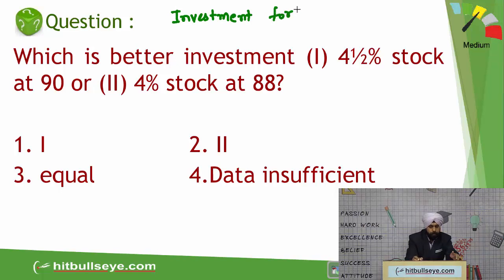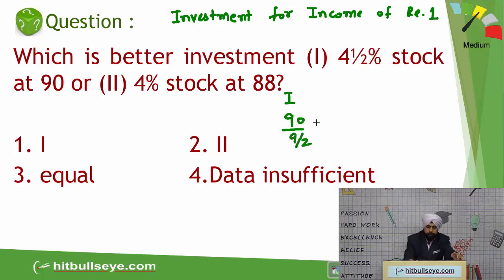So, investment for an income of rupee 1. Now in the first case, students, it's a 9/2% stock at rupees 90. So that means if you invest 90 rupees in the first case, you earn an income of 9/2.